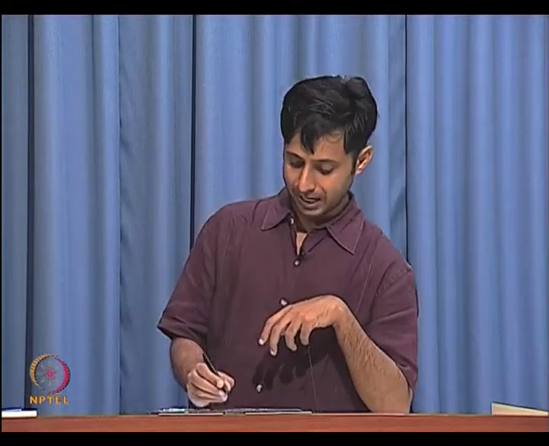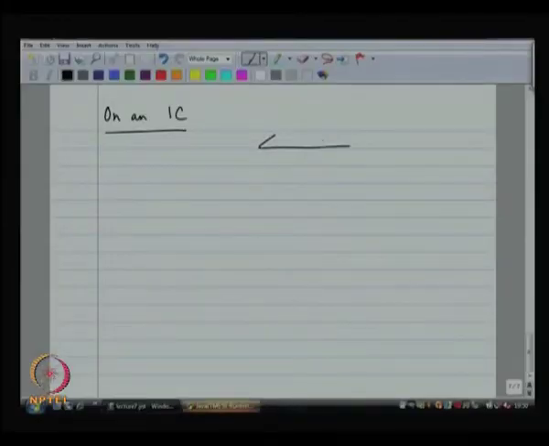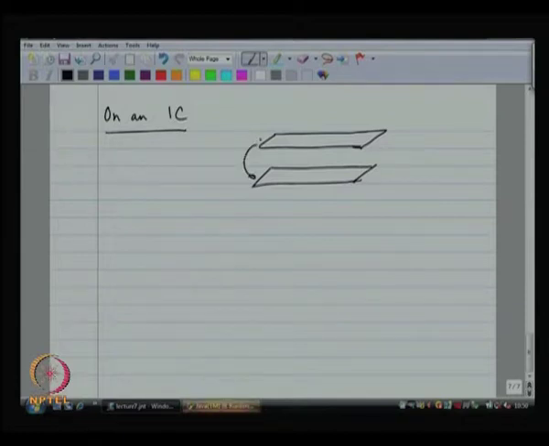So, if I make a wire, suppose I make two wires, okay, and the distance between the two wires is comparable to the width of the wire, then there is going to be a huge amount of fringing on the sides.